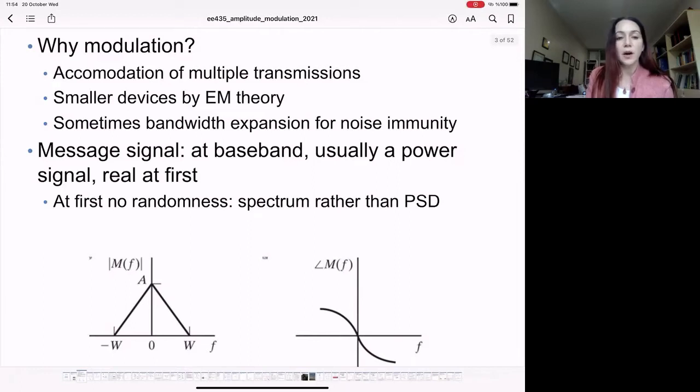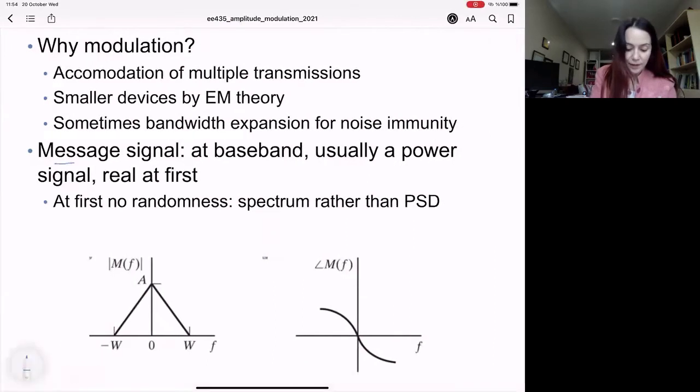Okay, now the message signal, like the M of t that we saw in the previous slide, is often thought of as a baseband waveform, meaning something centered around 0. Usually a power signal as opposed to an energy signal, meaning it doesn't have finite energy, so it's a continuous waveform with a certain power.